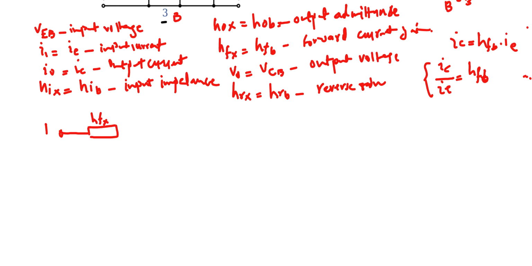This is your HIX. Then you have a reverse voltage gain, which is HRX times VO. Was it the output voltage VO? Yes, that is VO.